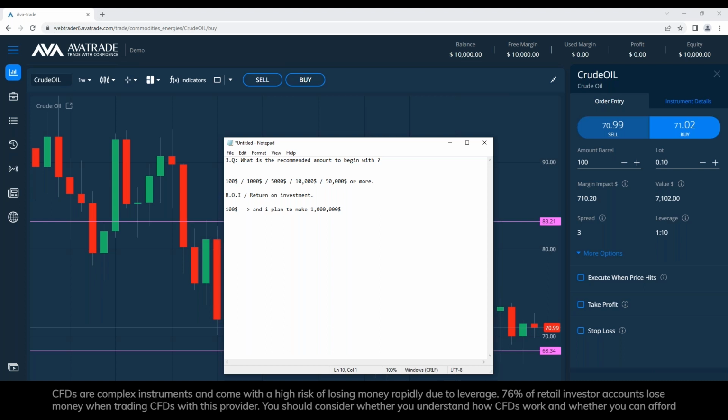Or I might need more. What do you think? If I put 1,000, is that enough? Maybe. What if I put $5,000 and I plan to make just $500? Is that realistic for me to expect?